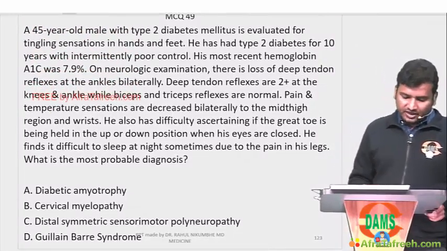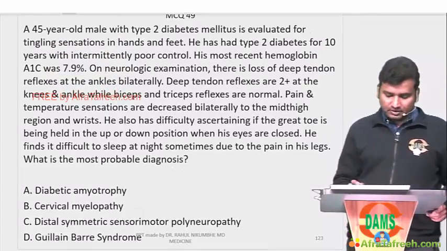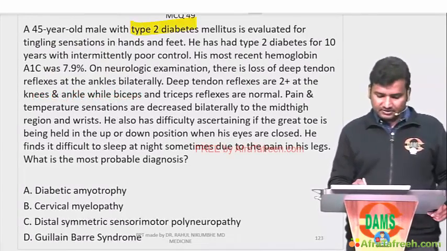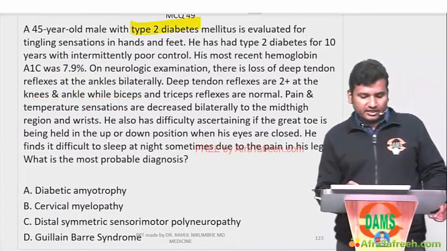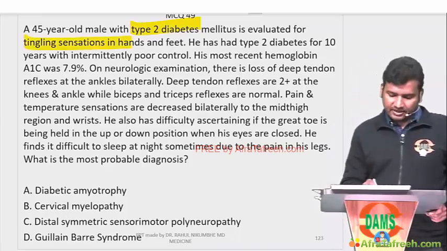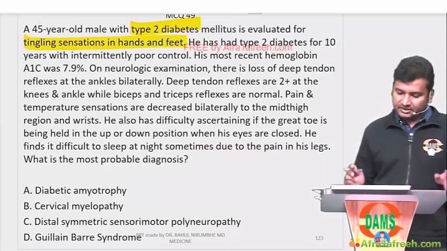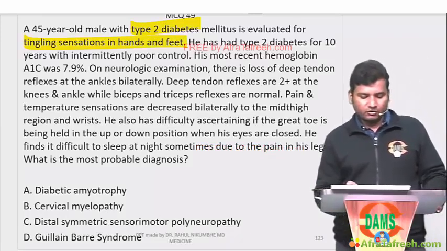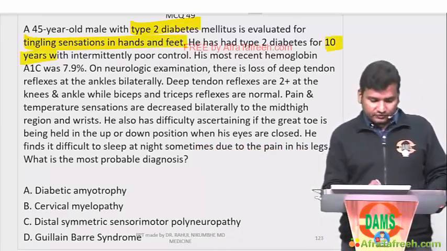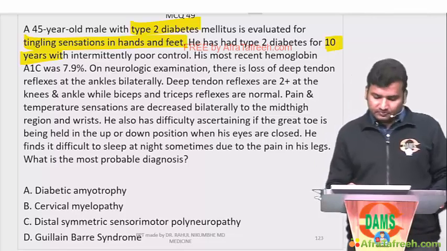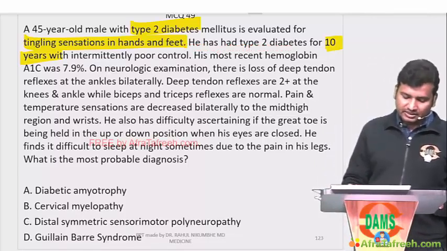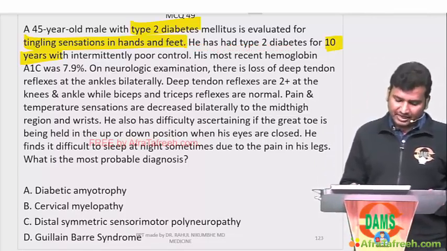A 45-year-old male with type 2 diabetes is evaluated for tingling sensations in hand and feet. He has had type 2 diabetes for 10 years with intermittently poor control. His most recent HbA1c was 7.9%.